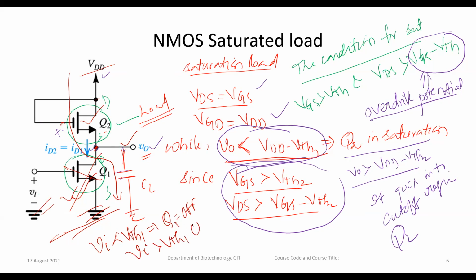Then the charge from the capacitor discharges like this, and the potential at V0 decreases. When this potential decreases enough that this potential is more than that potential, it again goes to saturation. In this way you get the inverter characteristics. When Q1 is off and the capacitor is charging, you get the full VDD. Whenever Q1 is on, the current is dropping, so you get the low voltage here.